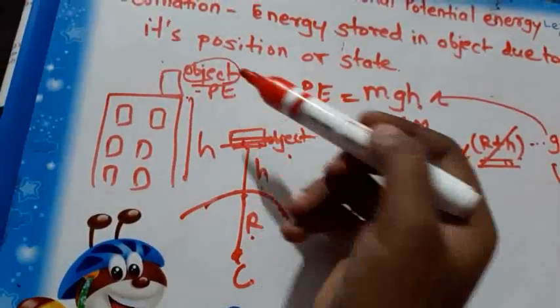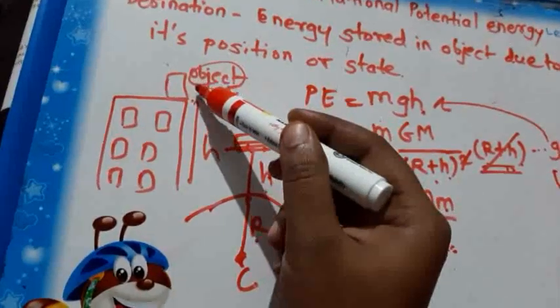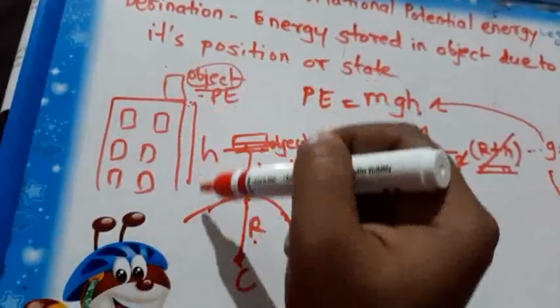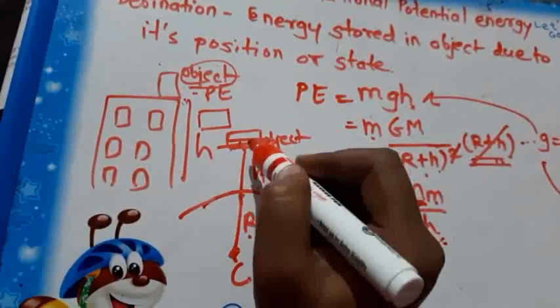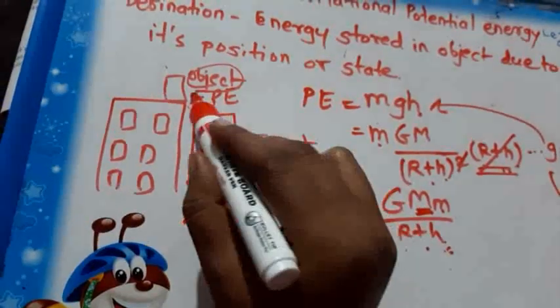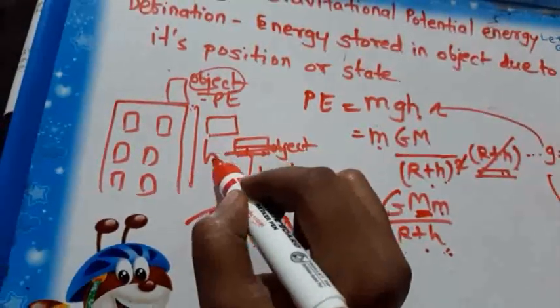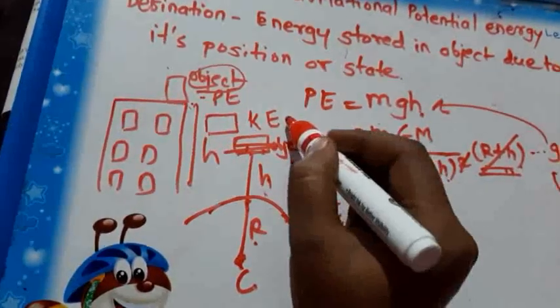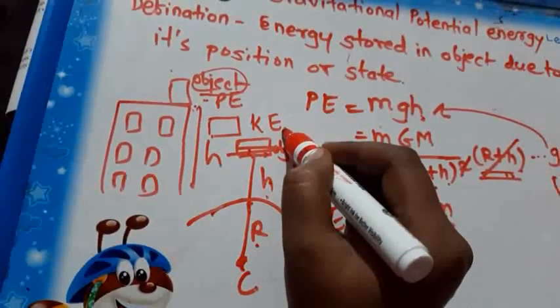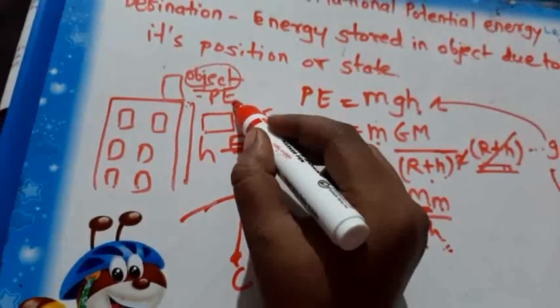Suppose we drop that object from the top of the building and it will start to come down. Now what will happen? The object is here, suppose. At this point the object is moving now, so it will gain kinetic energy. So here it gains kinetic energy and potential energy reduces.